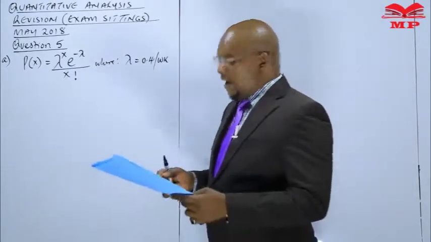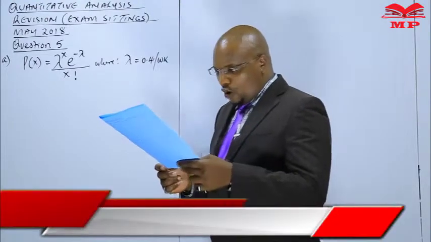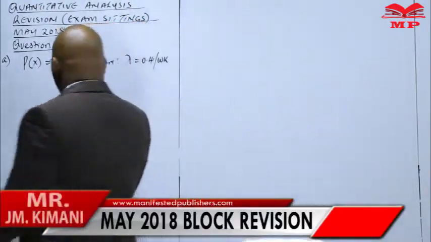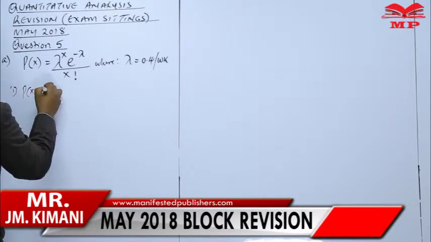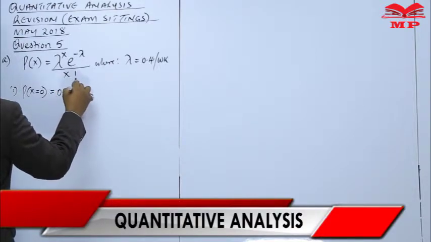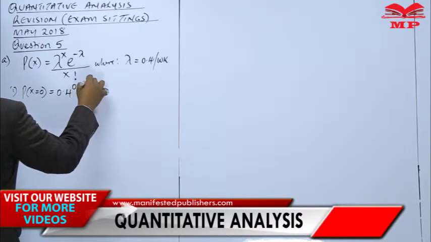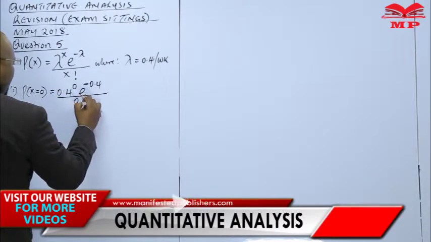Then we have been asked to determine the probability of no transformer. So you can say here that Roman 1, the probability that x equals 0 shall be 0.4 power 0, then Euler's constant minus 0.4, then all this divided by 0 factorial.